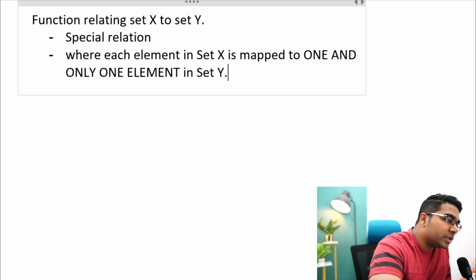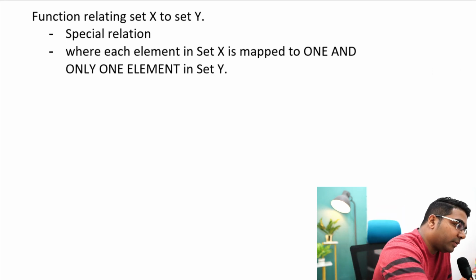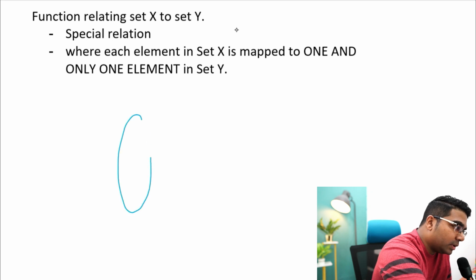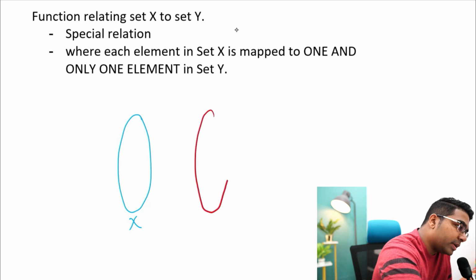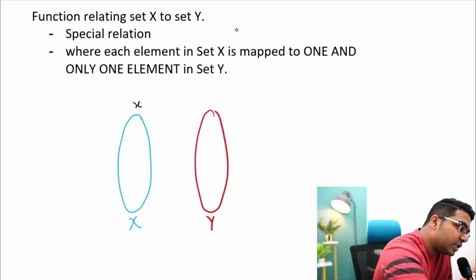So all we need to know for this video is, let's say you have function f that maps all the elements in set x to all the elements in set y. So let's say we have two different sets of values, and the function f is the function that maps each element in x to one element in y.